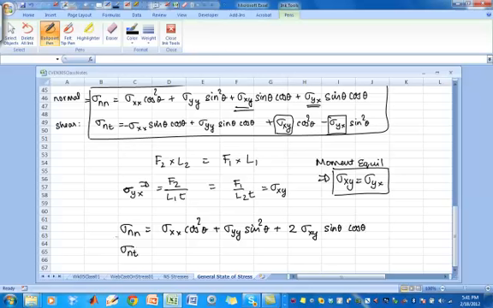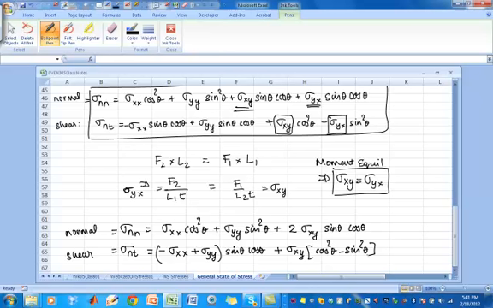Sigma nt, the shear stress, equals minus sigma xx plus sigma yy sin theta cos theta plus sigma xy cos squared theta minus sin squared theta. We're done. Let's look at an example to make sure that we know how to do this.